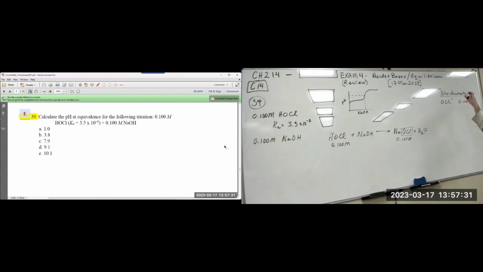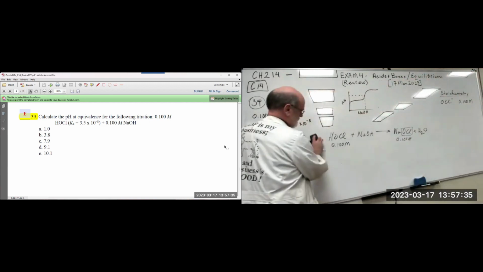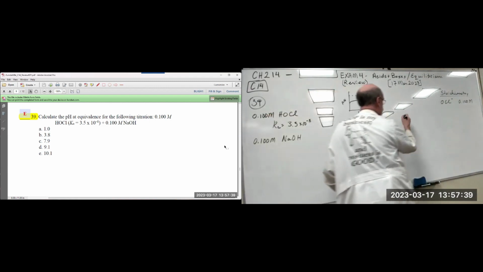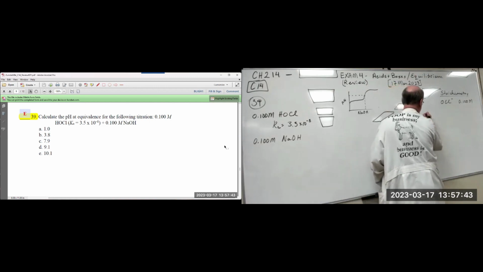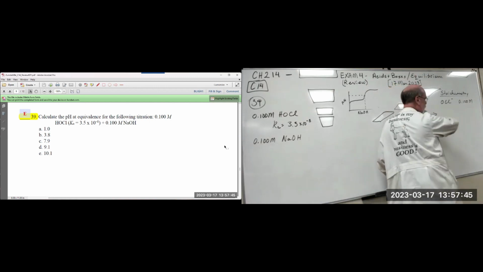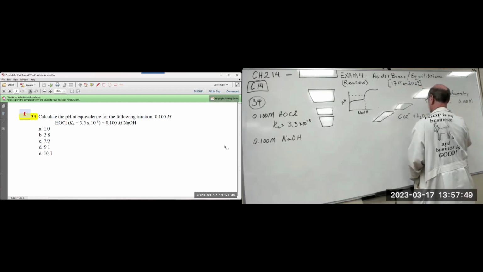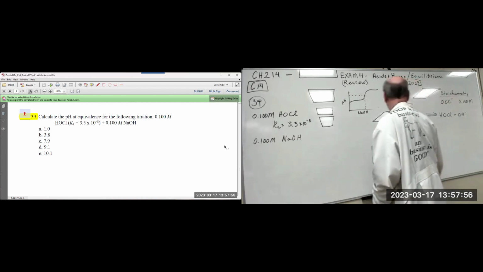Okay, so now we go to the equilibrium reaction. All right, so that was the stoichiometry. Now the equilibrium says OCl minus plus water, it's like we go one way and then we work our way back, gives us HOCl plus OH minus. Here we go.